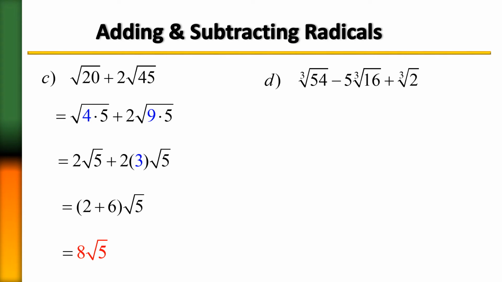For the 16, it is a perfect cube root, and then 2 is not a perfect cube root, so it's going to have to remain underneath the symbol. So let's extract those perfects out. The cube root of 27 is 3, so the 3 is going to come outside, out front. The cube root of 8 is 2. The 2 is going to come outside and multiply with -5. So let's go ahead and do that.